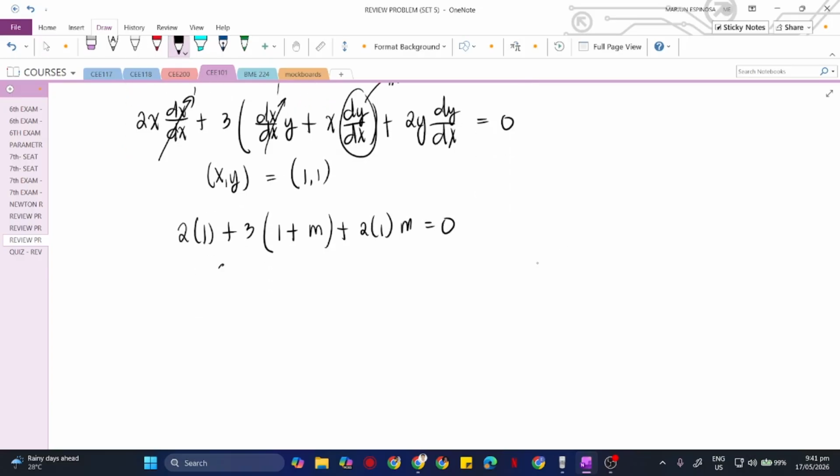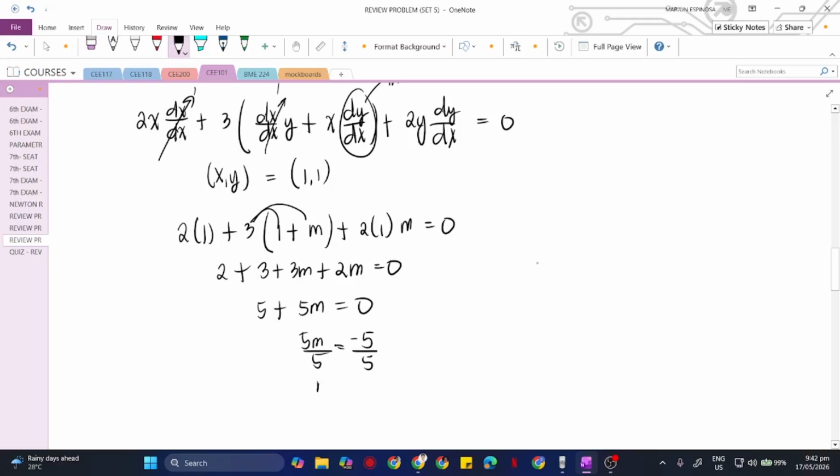So we have 2 plus, distributing, 3 plus 3m plus 2m equals 0. This adds up to 5, and this also adds up to 5m, equals 0. Transposing, 5m equals negative 5, and dividing both sides by 5, we get negative 1. So our slope will be negative 1.